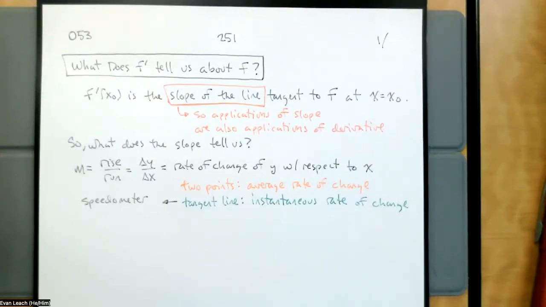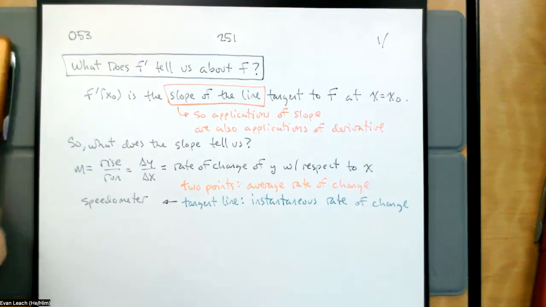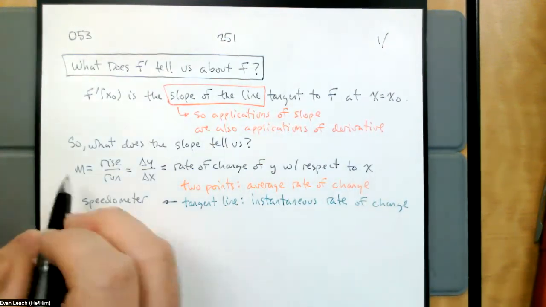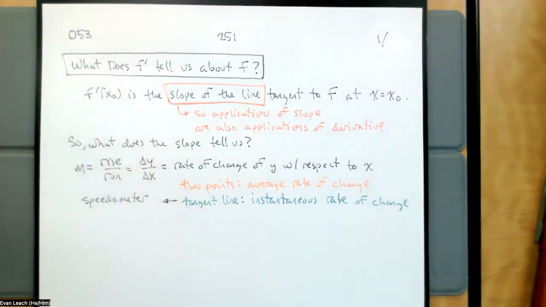One of the ways that we can interpret the derivative is to just interpret the slope along with the derivative. So we need to talk about how to make units of slope. The slope is just delta y over delta x. Y has some units. X has some units.